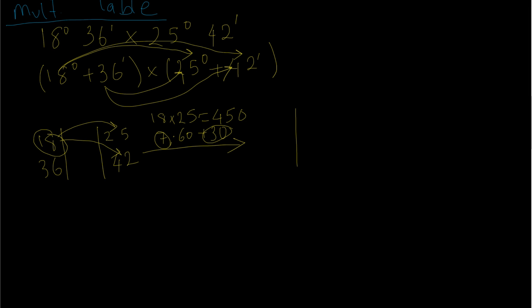So therefore, what we are going to have after the first step is, okay, here we are multiplying degrees times degrees. The result is at least degrees, but possibly higher. So in this case, since the result is greater than 60, we are going to need the higher digit.